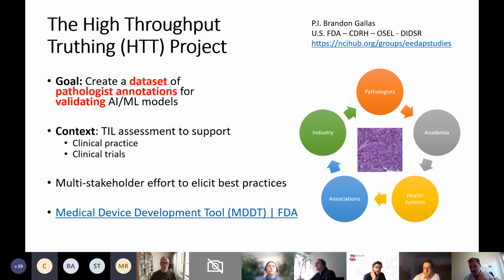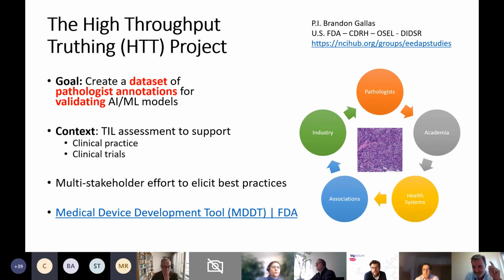So the question here is, how can we ensure that different AI tools have more or less the same type of performance? When you talk to pathologists about why they want to implement AI tools, they say, well, because we want to avoid the lack of reproducibility between the pathologists in the same center, which is reasonable. But the problem for the patient would be that the patient would go to a different center, which uses a different AI tool for the same biomarker.